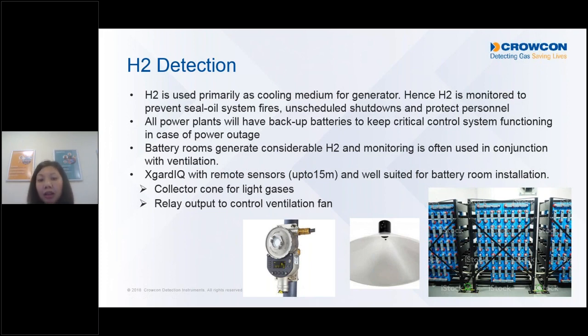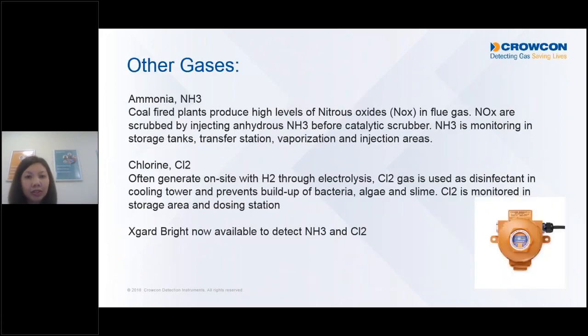XCAT IQ also comes with a relay contact that can tie into a ventilation fan. So if it reaches a certain level, it will trigger a relay and turn on the ventilation fan before any personnel goes inside the room. That's the advantage of XCAT IQ with remote sensor.